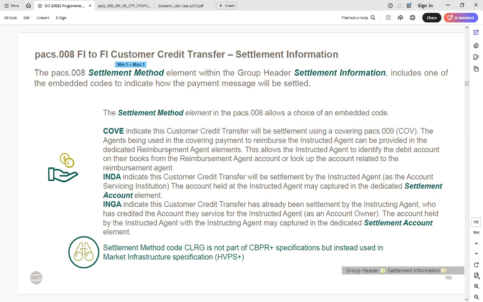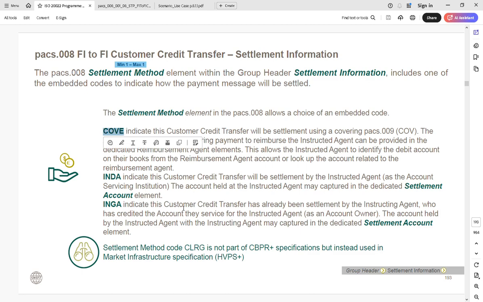The agent used in the covering payment to reimburse the instructing agent can be provided in the dedicated reimbursement agent. This allows the instructing agent to identify the debit account on their books from the reimbursement agent account. Leave that part. Only keep in mind, whenever you want to settle the payment via cover PACS009, that time only you have to use the covering settlement method, COV.